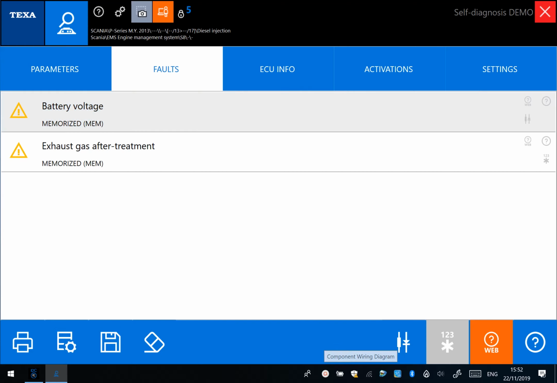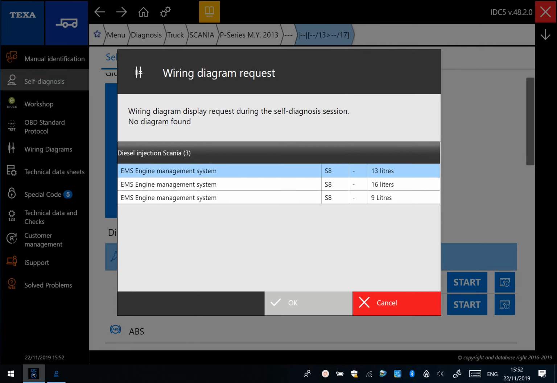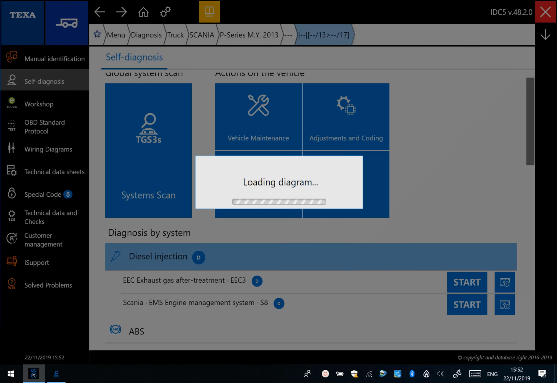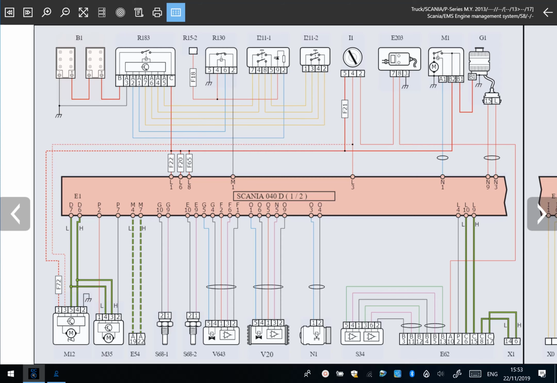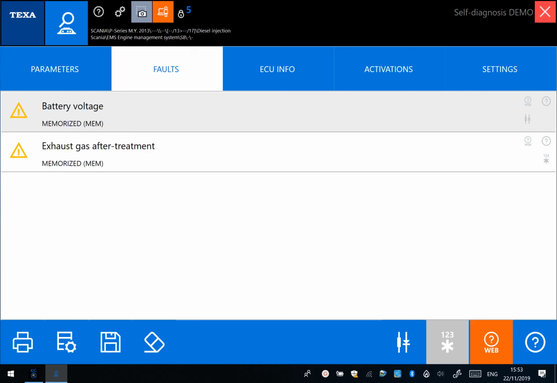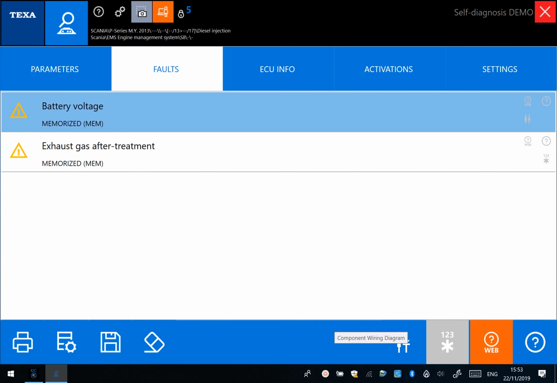So what we can then do is click on that, choose the system that we know it's on, and that will then take us directly to that component on the wiring diagram, flashing away, and we think, right, okay, that's where we need to start doing our investigation. That won't be on everything, but if there's a component on the wiring diagram within that system relating to that fault, it will then appear.